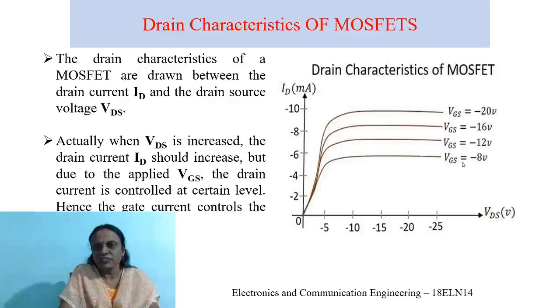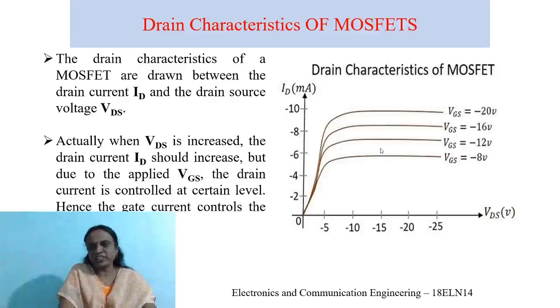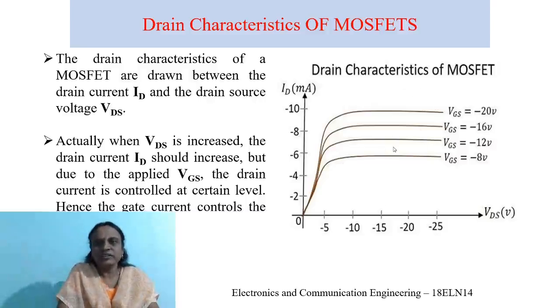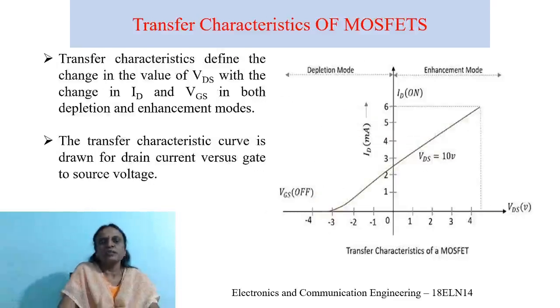This happens for VGS equal to minus 8 volts, minus 12 volts, minus 16 volts, minus 20 volts and so on. So this gives a brief introduction to the drain characteristics of MOSFET, where for varying values of VDS and ID, for different values of VGS, this is the characteristics curve obtained.